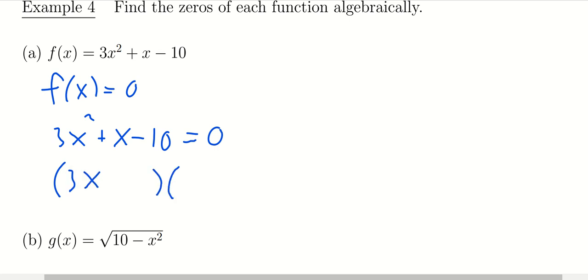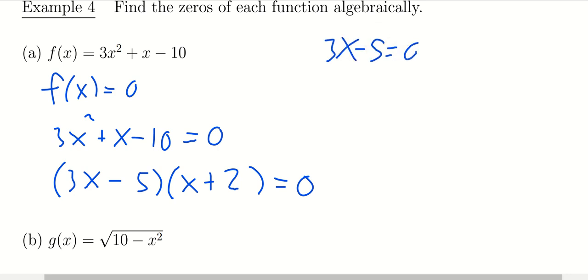It's going to be 3x and x. We can do a 5 and a 2, a positive and a negative, and that should work. So this quadratic does factor. Now that it's factored, we can set each term equal to 0. We have 3x minus 5 equals 0, x plus 2 equals 0.